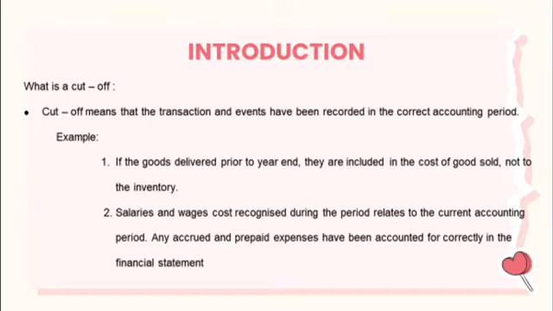Second example is salary and wages costs recognized during the period relate to the current accounting period. So any accrued and prepaid expenses have been accounted for correctly in the financial statements.